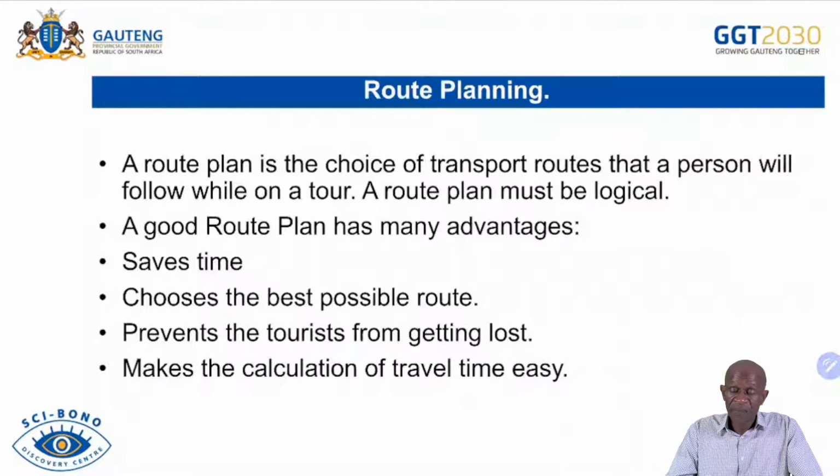So route planning, or a route plan, is the choice of transport routes that a person will follow while on a tour. A route plan must be logical. A route plan should give one a sense.